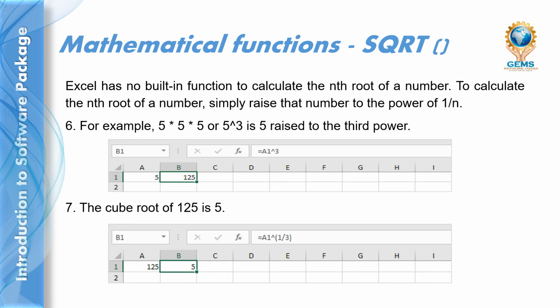For example, if you want to calculate 5 into 5 into 5, or 5 raised to the third power, the syntax is equal to A1 to the power of 3. A1 value is 5, so 5 into 5 is 25, 25 into 5 is 125.